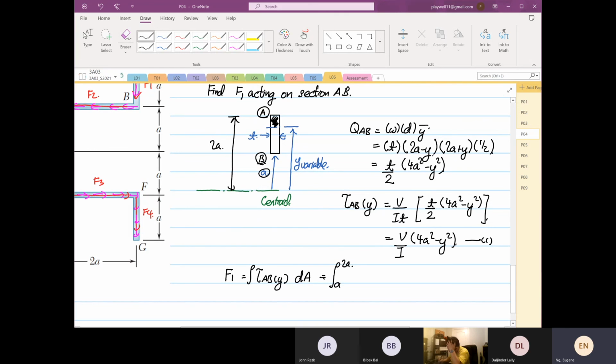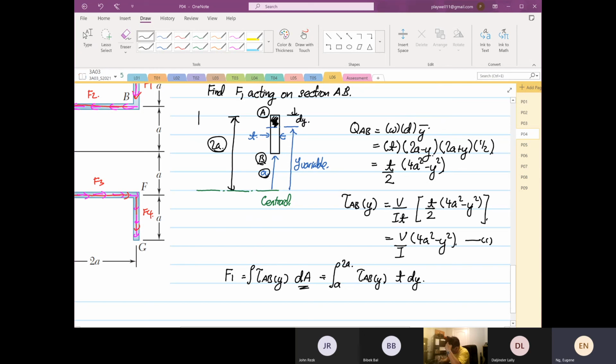Because the distance here is A, this is 2A. So that is the limit, shear AB as a function of Y. Now the area, we know that it's multiplied by T, which is the thickness, and then by the variable dy, because dy is always changing. So this is your dy, right?